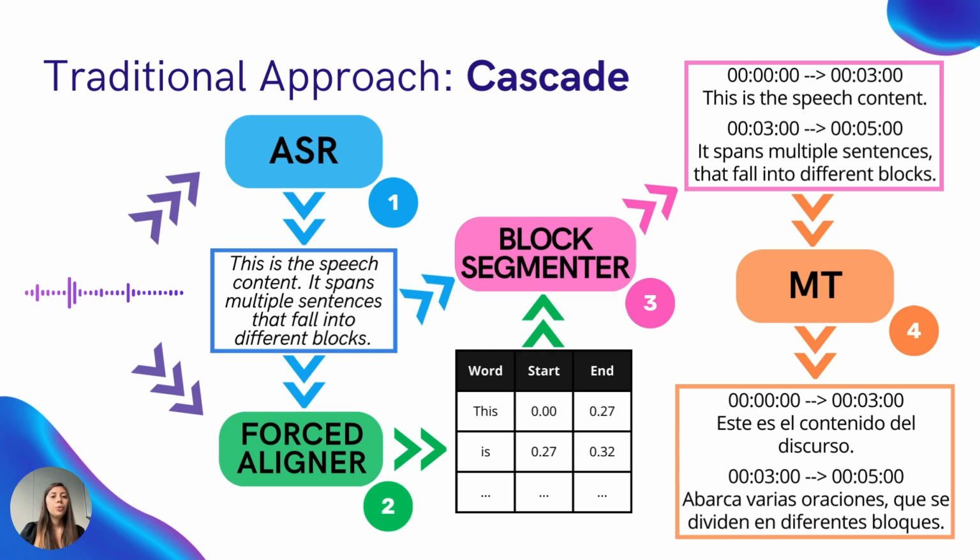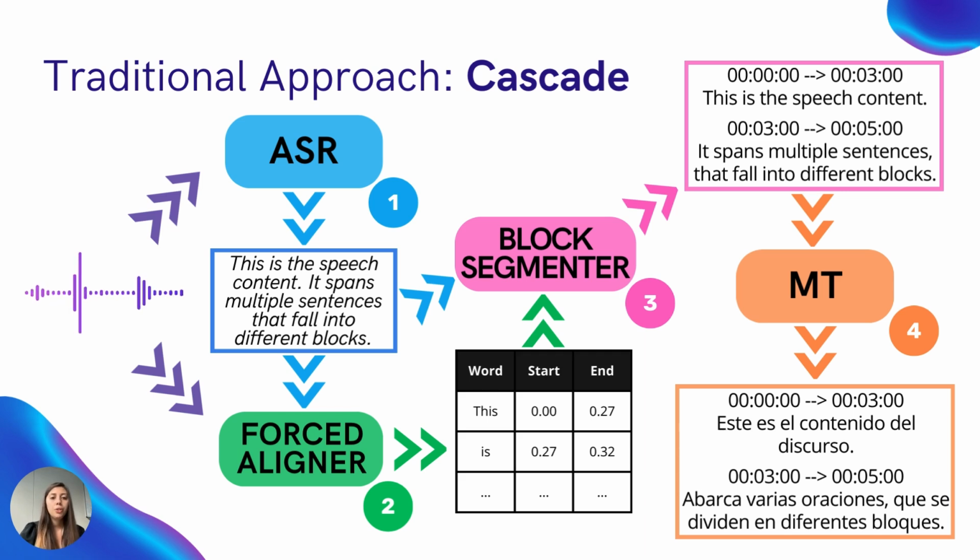Traditional approaches to the automatic subtitling task were cascade systems. In this case, we have the audio that is used by an automatic speech recognition module to obtain the transcript of the audio. And these transcripts, together with the audio content, are given to a force aligner to obtain for each word the start and the end time.